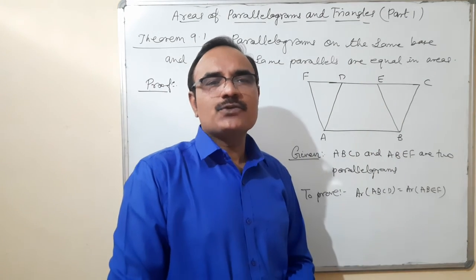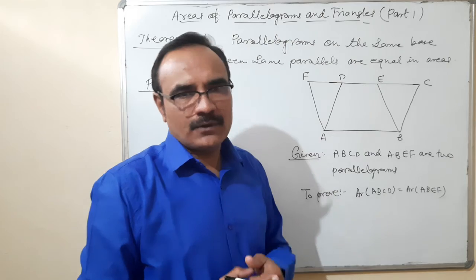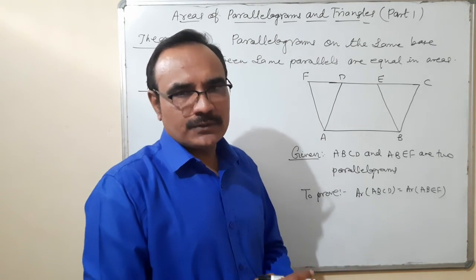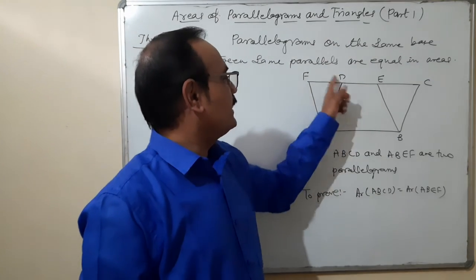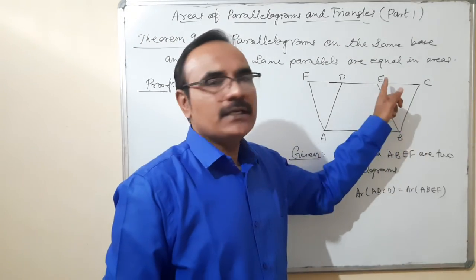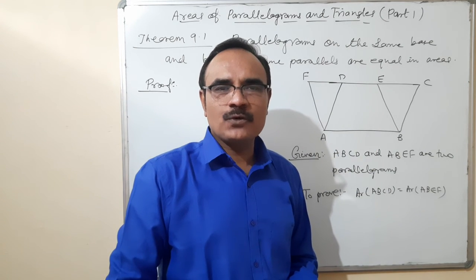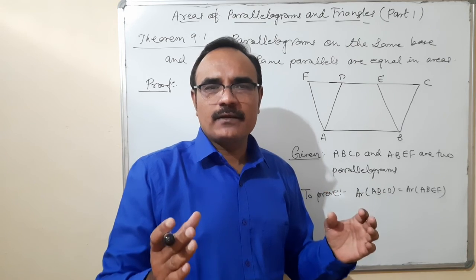I am proving these two triangles are congruent. Again the same topic, congruency. Please don't forget congruency, it will be used whenever we solve questions. We are proving both triangles are congruent, and I told you that if two triangles are congruent, they are equal in areas.